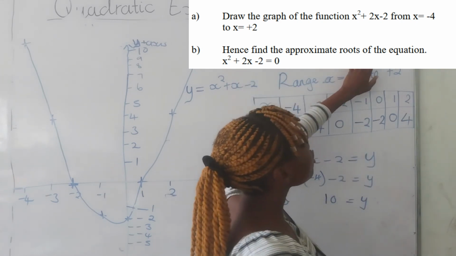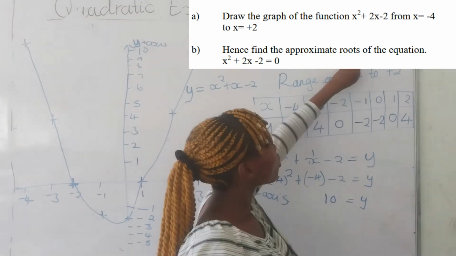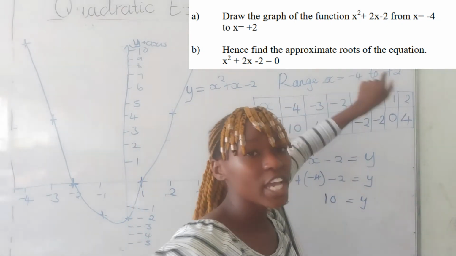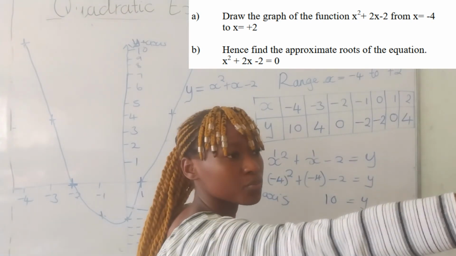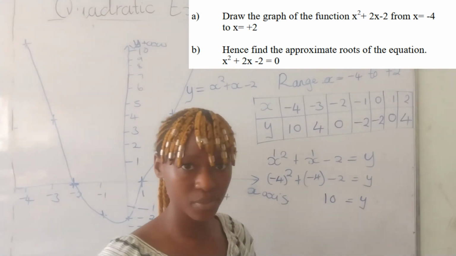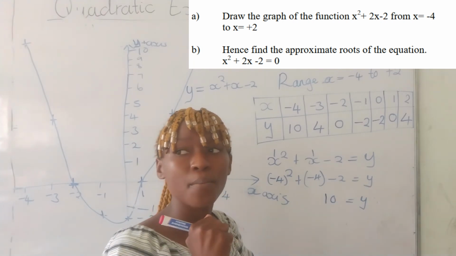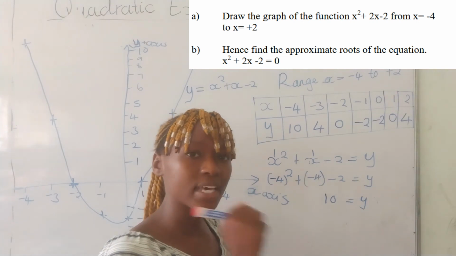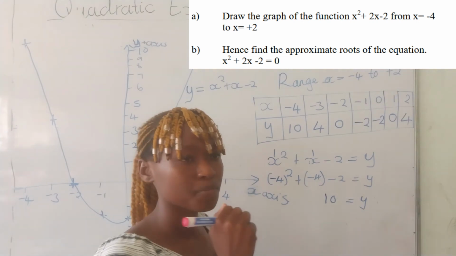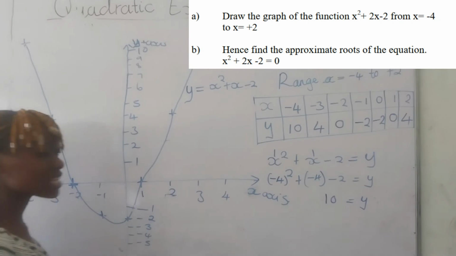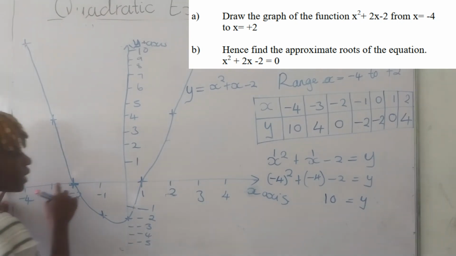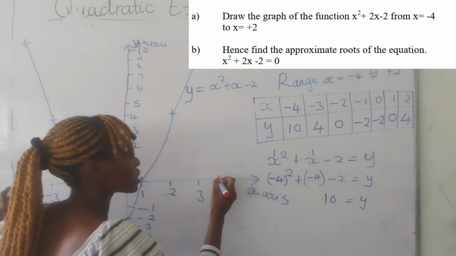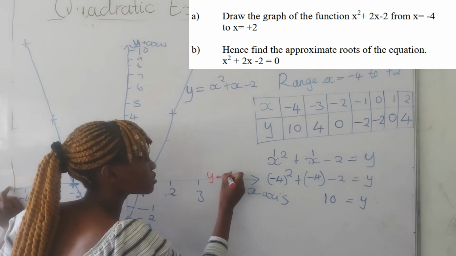You go where it says y is equal to 0 and you move, whether to your right or to your left, you find the parts on the curve that touch the x-axis. As I had said earlier, this whole x-axis is equal to y is equal to 0.